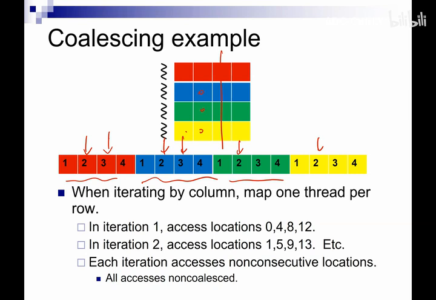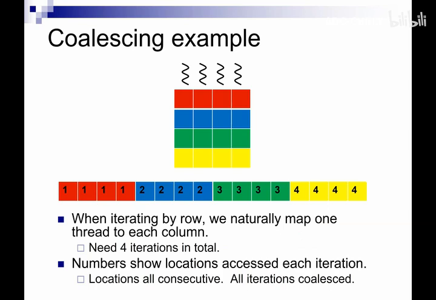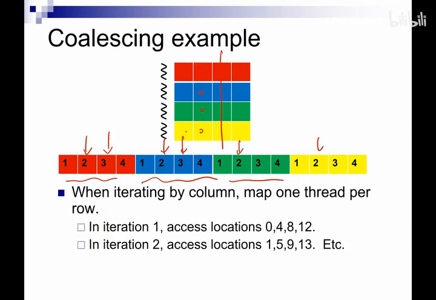So when we read column by column, we get completely non-coalesced memory accesses. When you read row by row, everything was perfectly coalesced: first iteration you read this segment, then the second iteration that segment, and so on. Whereas once you read column by column, it's completely non-coalesced.